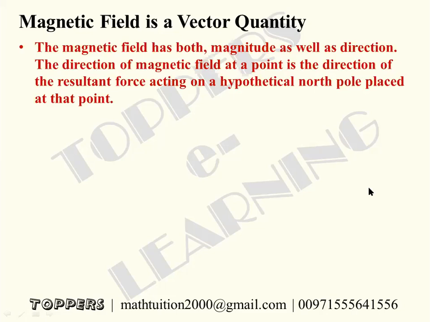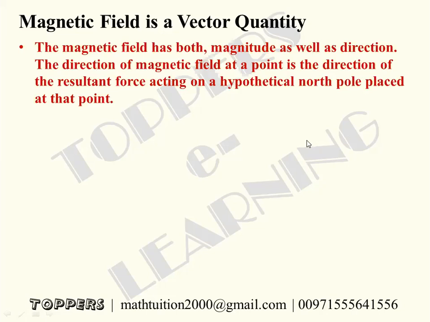So we have a bar magnet. Around that we have a magnetic field. In that magnetic field, we are keeping a small compass. In the small compass, there is a needle. That needle will align in a definite direction due to the interaction with the bar magnet.